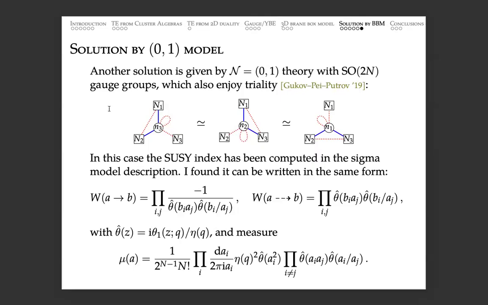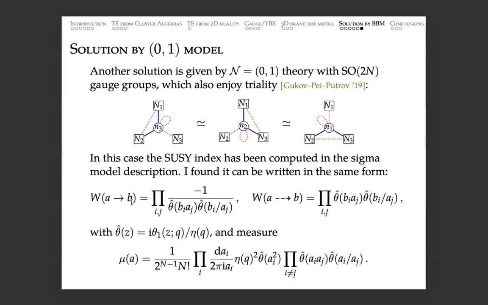And then using this variant of the 3D brane box model, you can also construct a solution of the tetrahedron equation. Our argument works very similarly. You can write down and calculate the partition function of this kind of theory, which you obtain using some localization formula.